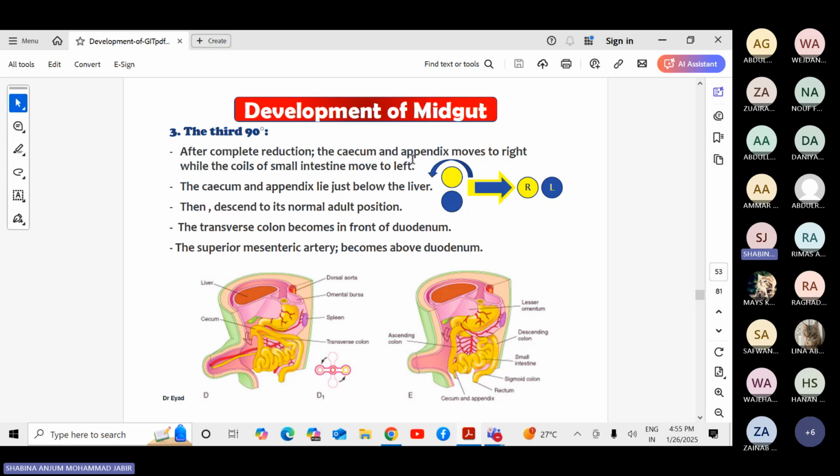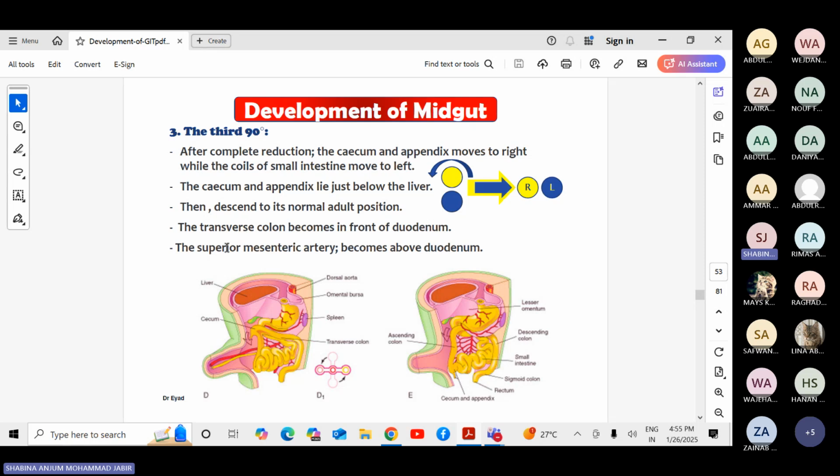The cecum and appendix will move to the right side to their normal position, and the coils of small intestine will move to the left side. Previously the cecum and appendix were just below the liver, subhepatic, but slowly, as all the organs develop, they will descend downwards to reach their normal adult position.